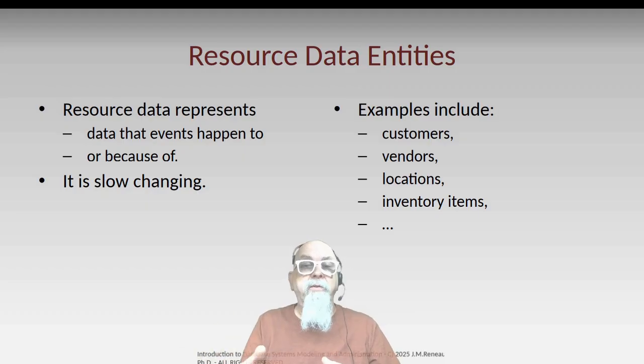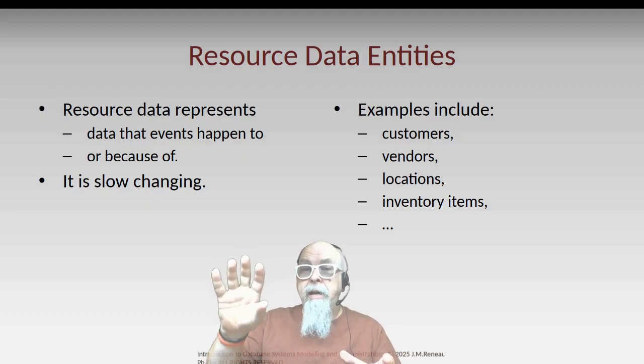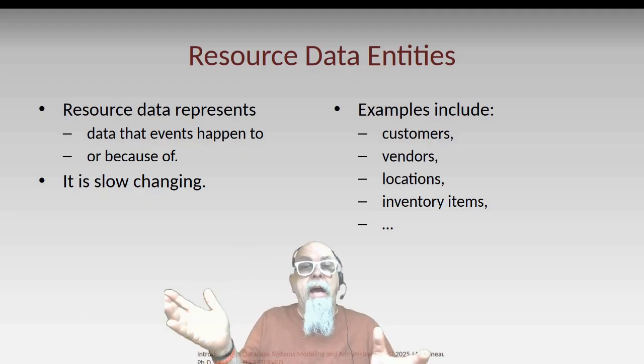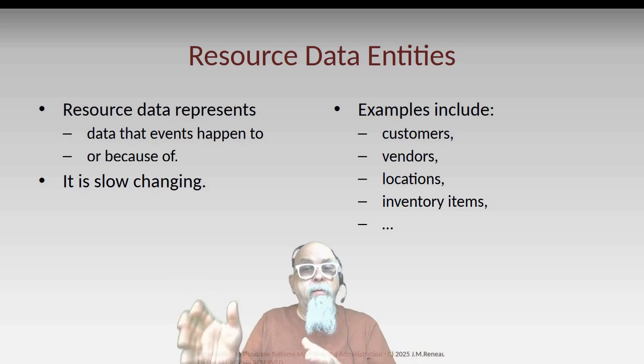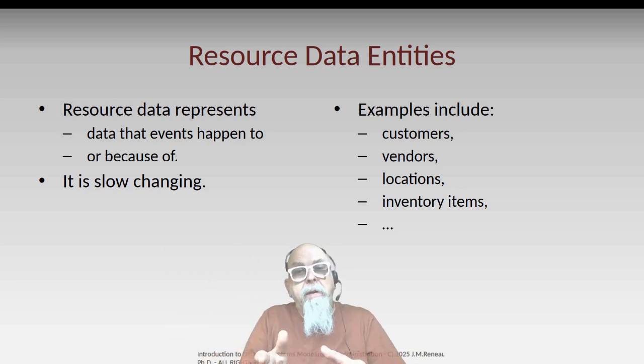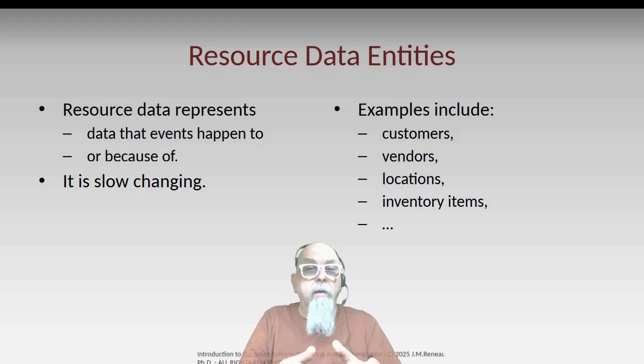Examples include customers, vendors, locations. For instance, if we had a warehouse where we stored items in various locations, those locations would be resource data because they would be tied to the transaction of receiving, moving, or selling items from the warehouse, and inventory items. So we can see those are resource data entities.